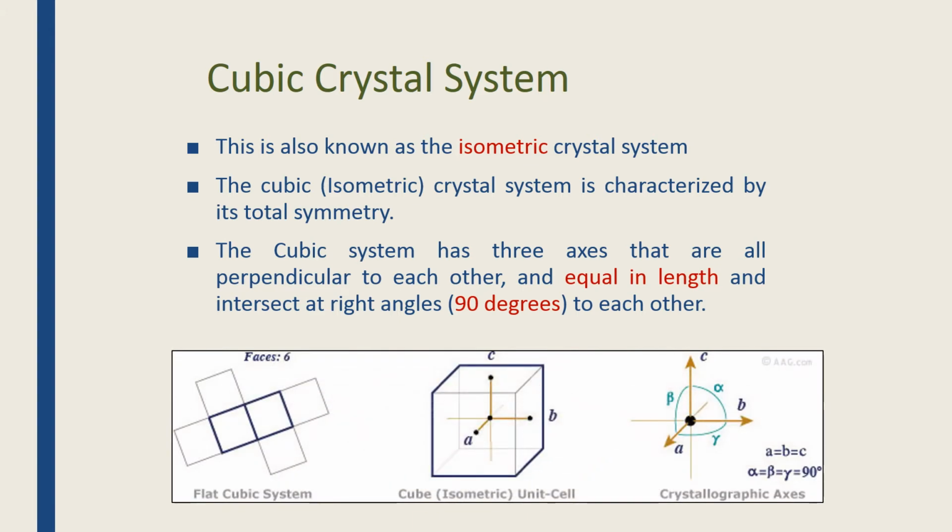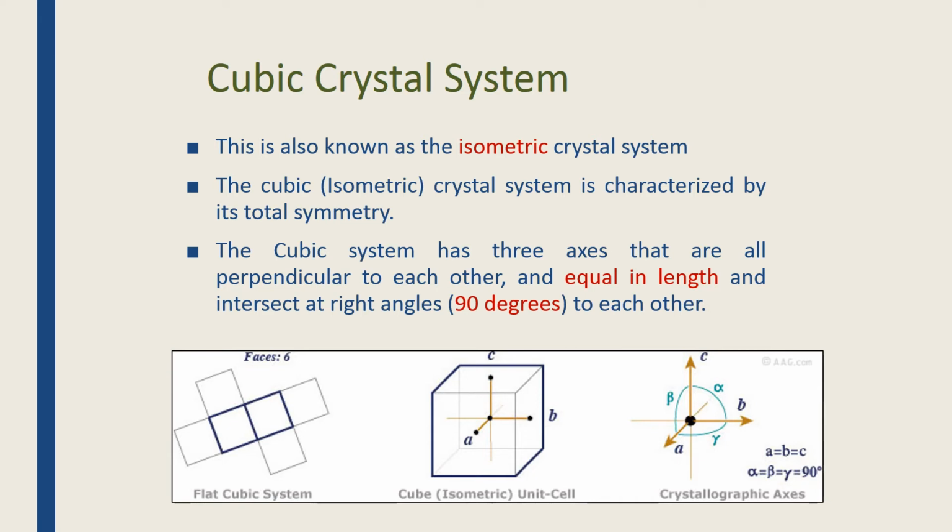The figure in the middle shows the cube isometric unit cell with the three axes A, B, and C. On the right side, you'll see the relationship between these angles, which is alpha equals beta equals gamma equals 90 degrees. And if we open this cube, you will see the 6 faces on the left side.